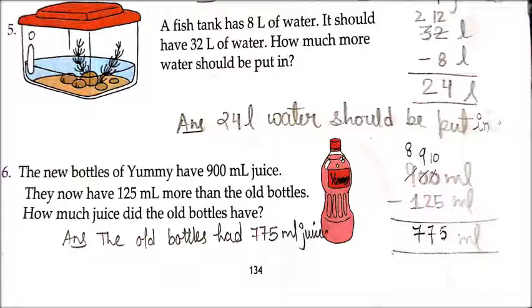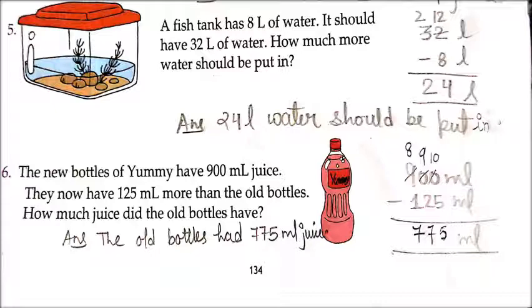So children, for this we have to subtract 8 liters from 32 liters. So children, we write 32 liters minus 8 liters. So we start subtracting from the right side. So at one's place 2 is there and we have to subtract 8 from 2.